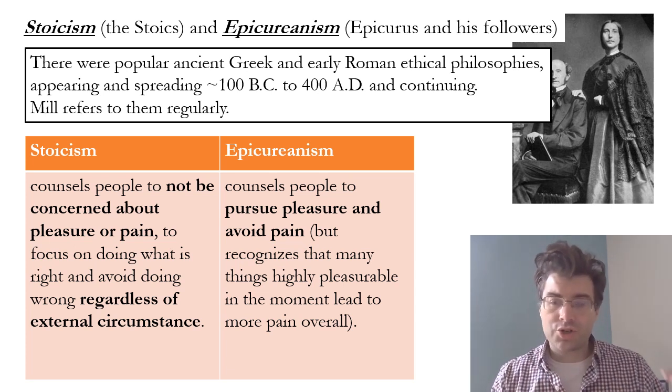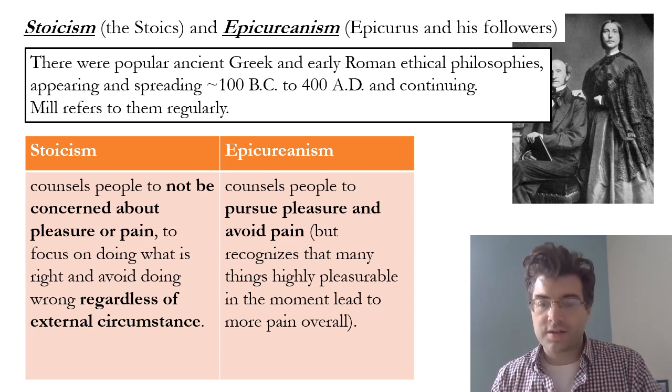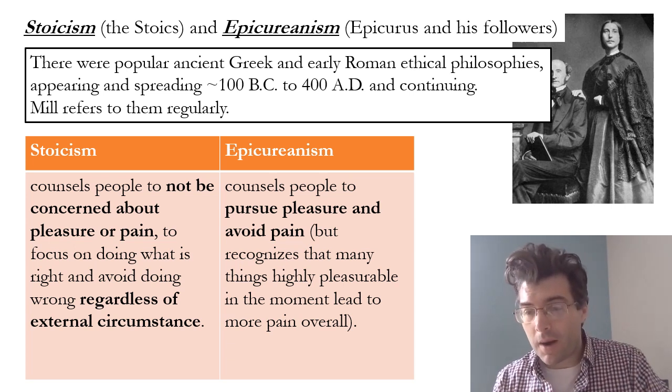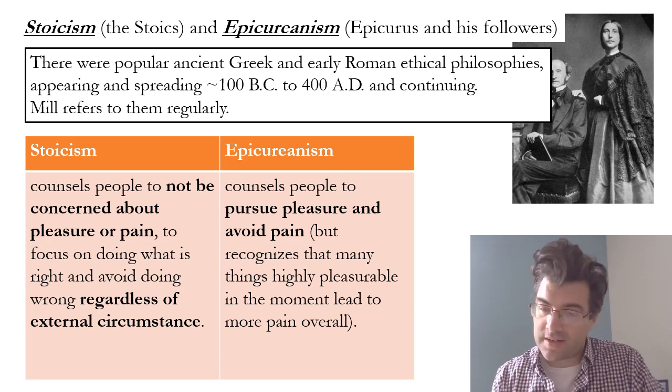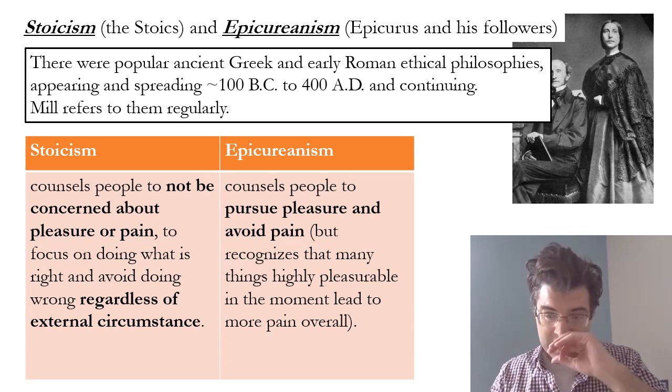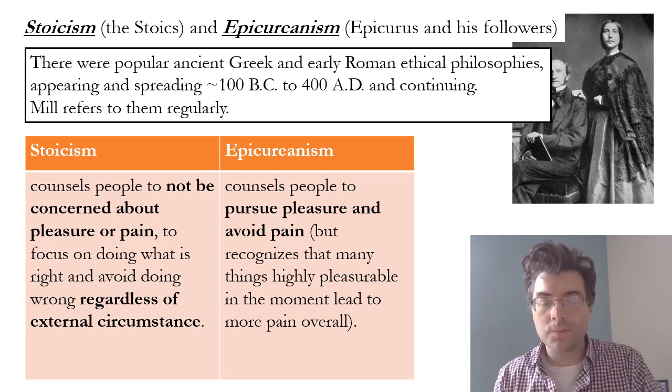So these are traditionally opposed ethical philosophies that both became popular in the years after Aristotle, running up to about 400 AD. And each of them drew on parts of what Aristotle had said and then elaborated them in different ways. So the Epicureans counseled people to pursue pleasure and avoid pain.